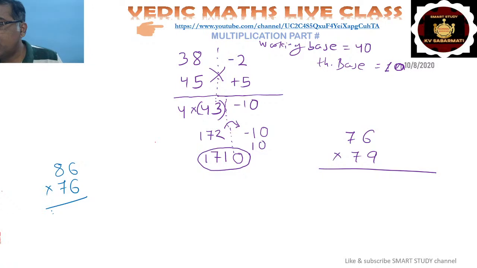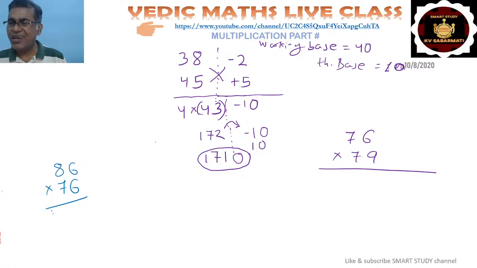Niva Parmar, very good, beta. 6 sixes are 36, that I also answered. Okay, that means I hope you are clear about the concept. Are you seeing? Very good. Kunal, Anita Sinha, very good, beta. Okay, very good, beta.